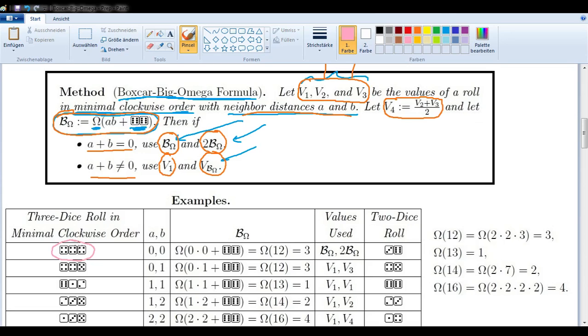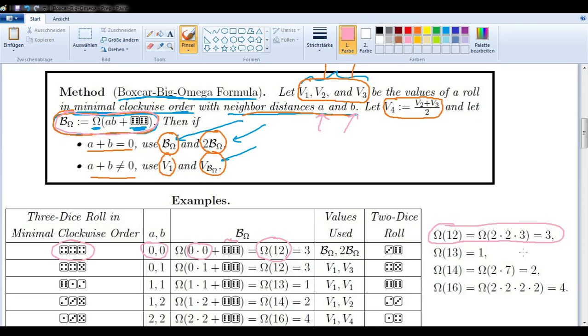Then the neighbor distances would be 0 and 0. We multiply them together and create this term here, or calculate the term rather. Big omega of 0 plus 12. Boxcars just indicates 12. So I need to know big omega of 12. I've got a little list over here.